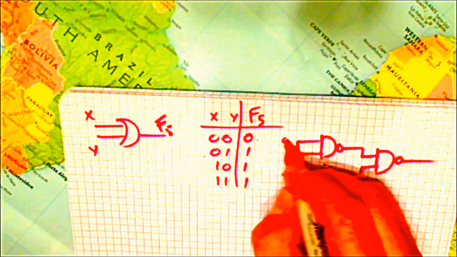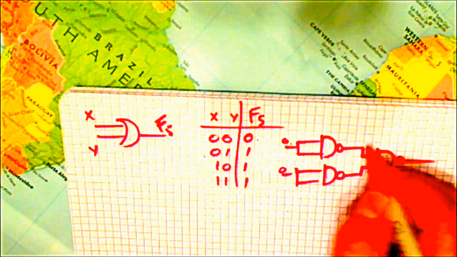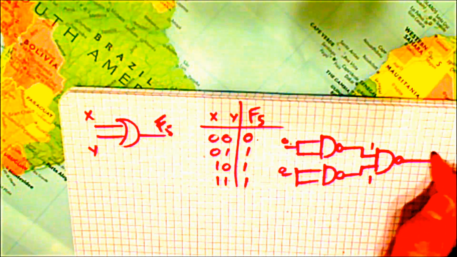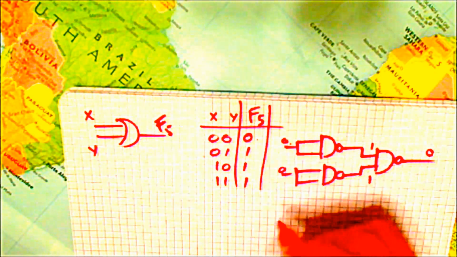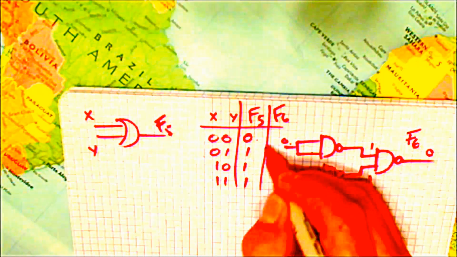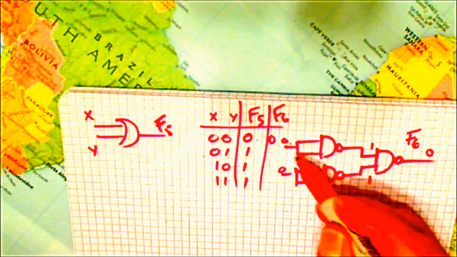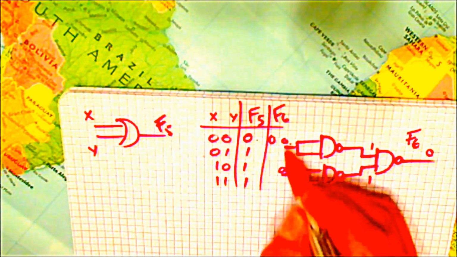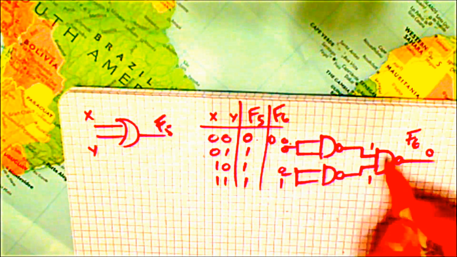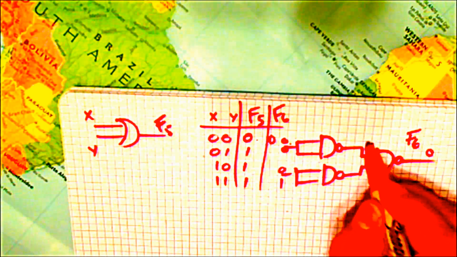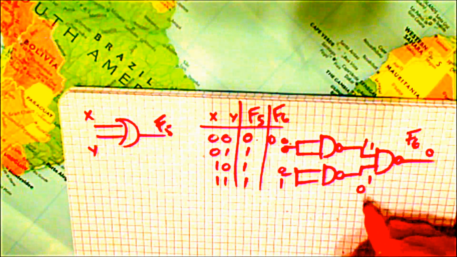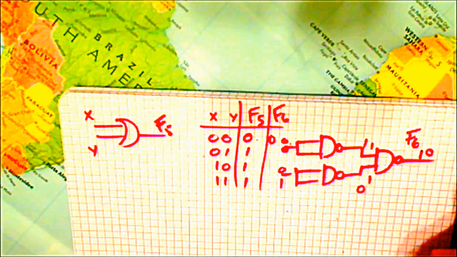And if we take an input of 0, 0, 0 inverted becomes a 1, 1, 1 NAND 1 produces a 0. So if we label this F6, we have a 0, which matches so far. Then we produce 0, 1, and a combination of 0, 1 will produce down here a 1, 0. 1 NAND 0 will produce a 1.